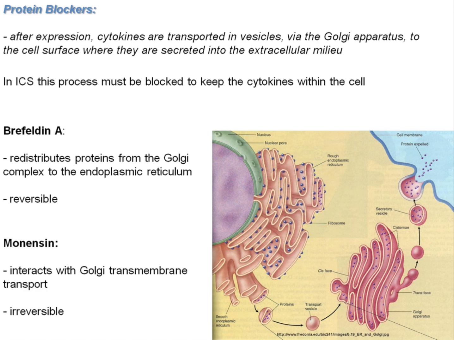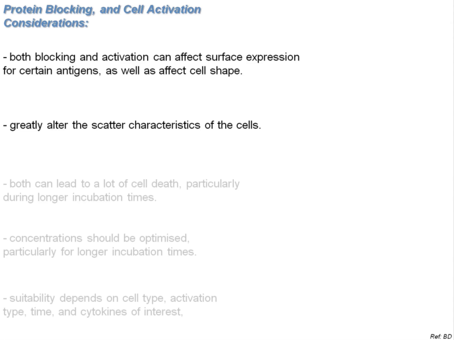So again, it's a case of the cell type, the treatment type, and the cytokine of interest, depending on which cytokine we want to use. Now, some things to think about when considering protein blocking are the activation steps. Firstly, both treatments can affect the expression of our surface markers or surface proteins, as well as the cell shape and what we call the scatter characteristics, so how the cells scatter light, like our forward scatter and side scatter.